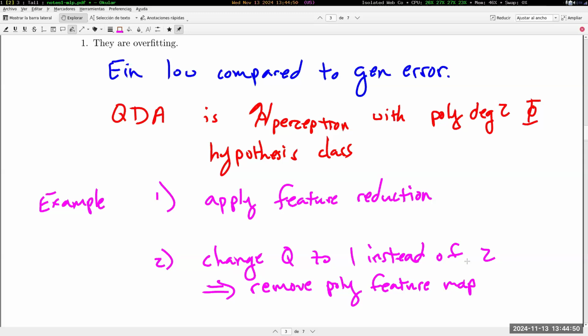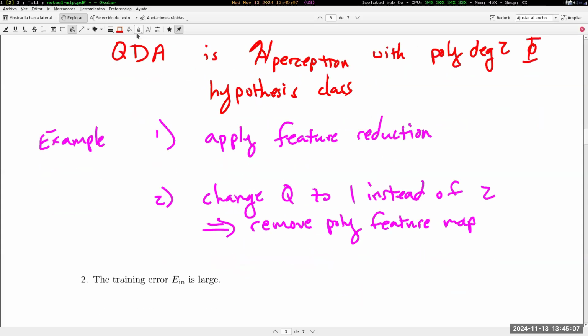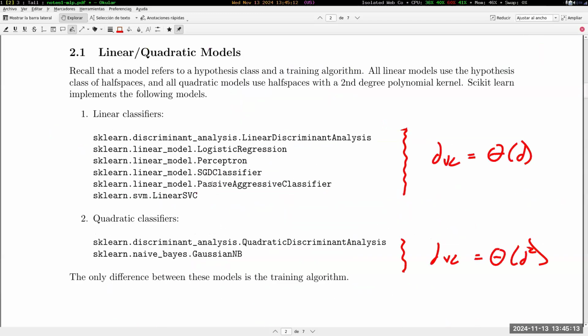So if you really, really wanted to stay with discriminant analysis for whatever reason, which you probably don't, I know of no good situations where that would be the thing to do, there is a linear discriminant analysis implemented in scikit-learn that you could use. So LDA for linear discriminant analysis. That is one of the hypothesis classes up here.